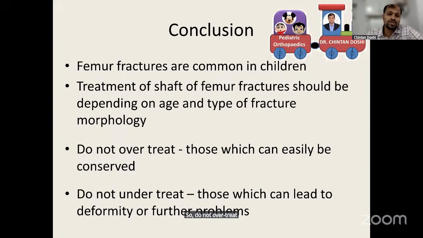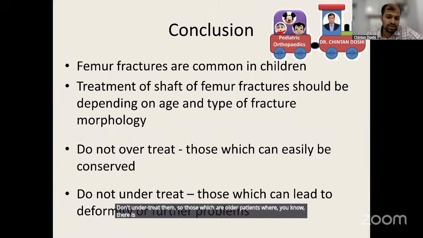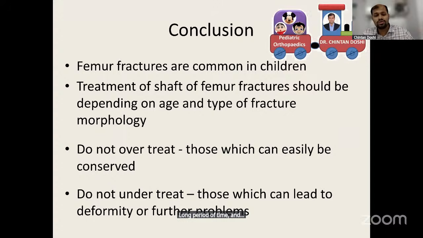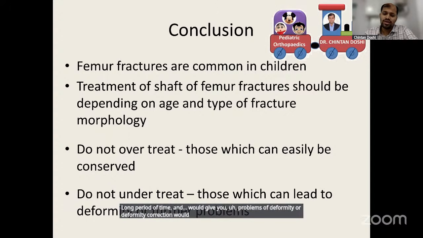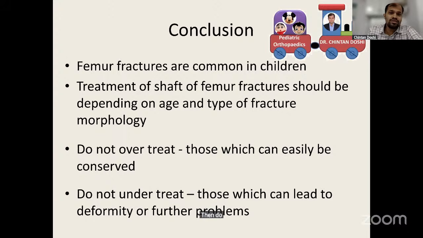Those that can be easily conserved should be conserved. Don't under treat them either. Older patients with a varus deformity, or a grossly displaced fracture which might not remodel over a long period of time and would give you problems of deformity, or where deformity correction would be required, do treat them early in these cases.